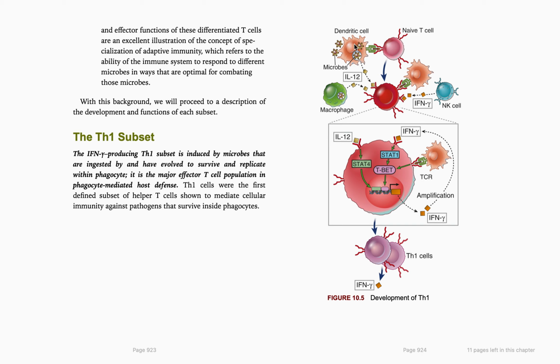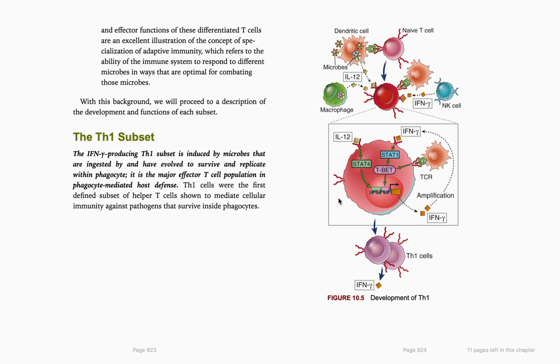So this is the cell development. You see that the dendritic cell has the antigen, and these are microbes. They have been ingested. Then a naive T cell is made to contact it. This causes the production of interleukin 12. This interleukin 12 activates these naive cells, and they change to activated cells.